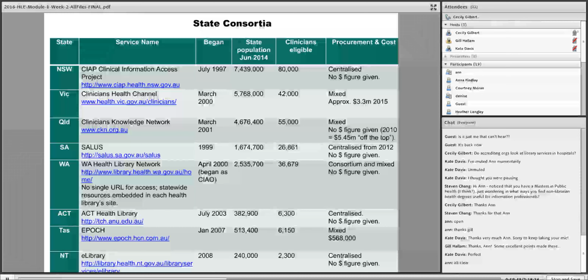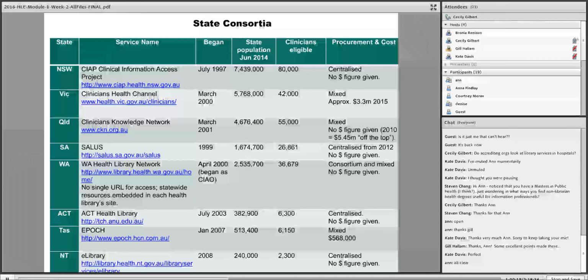In some cases they're using what's called a centralised model, so one agency buys on behalf of the entire state. In other circumstances it's what's roughly known as mixed, where you have some participation or some input by people at individual sites or in a stakeholder group to a buying group. And in other places there isn't any strict procurement method. It's by arrangement as each product comes up.